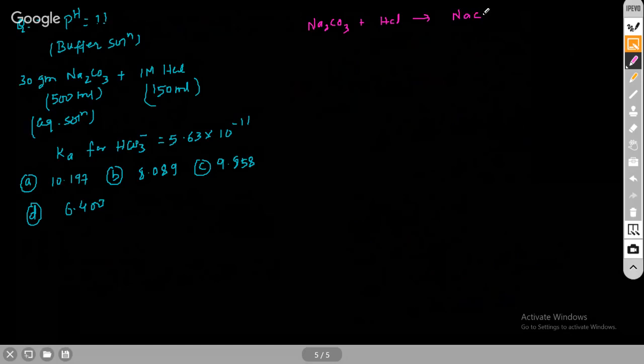Na2CO3 plus HCl forms NaCl plus NaHCO3. What is the molecular mass of this? 106, right? So number of moles for this will be what? 30 divided by 106 is the number of moles.